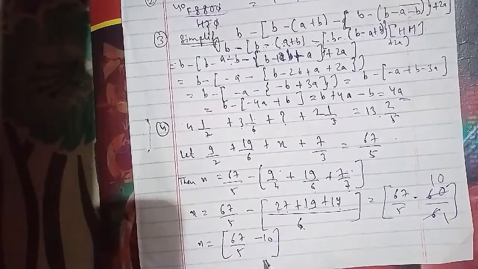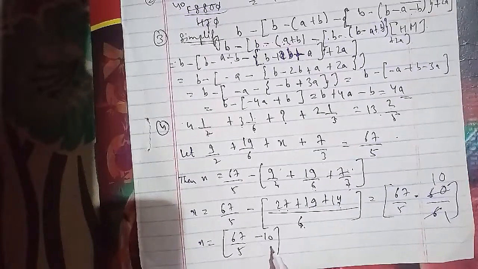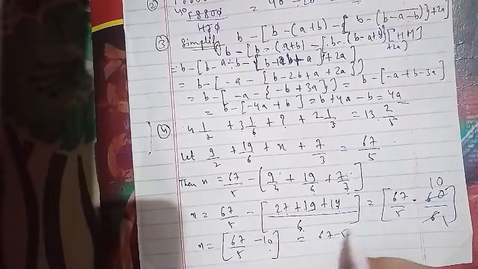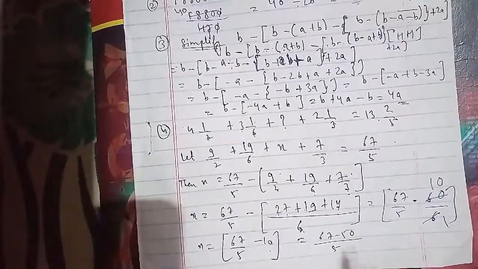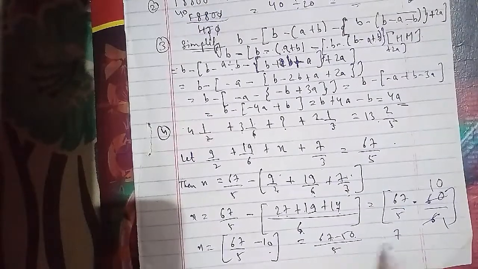And when we'll go ahead further, 5 यहाँ LCM लेंगे, so what we'll get, 5 10s are 50. It will be 67 minus 50 upon 5. 67 में 0 गया is your 7. 6 में 5 गया is your 1.